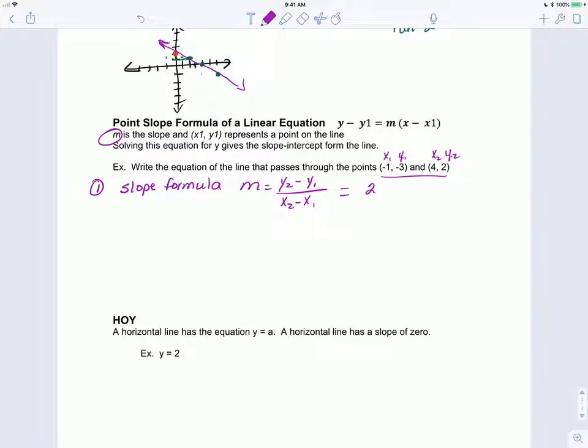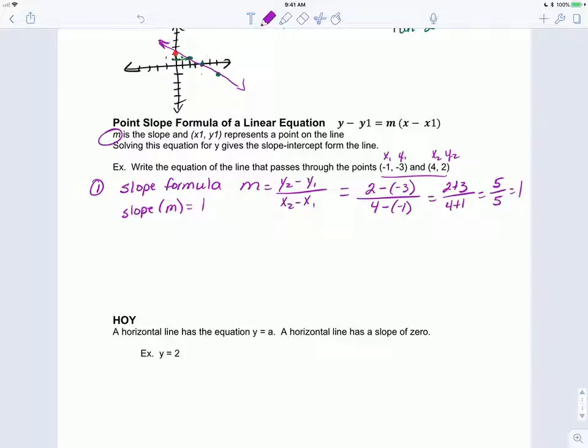So we've got 2 minus negative 3 over 4 minus negative 1, which is 2 plus 3 over 4 plus 1, which is 5 over 5, which is 1. So that's the same one we did before. So now we know that our slope, or the m, is equal to 1.